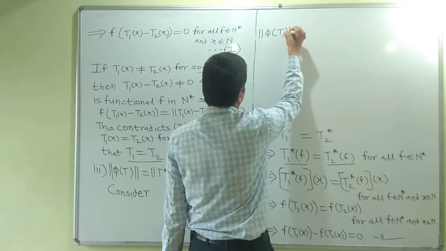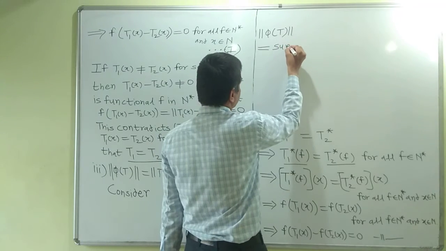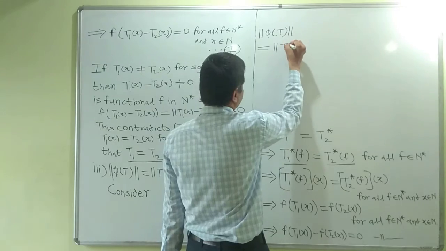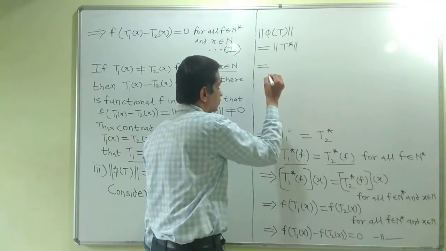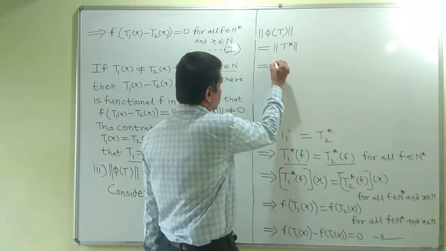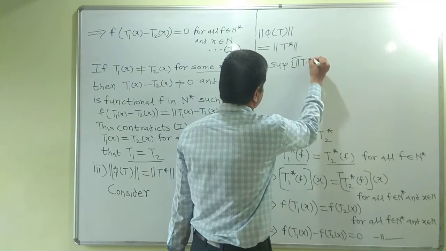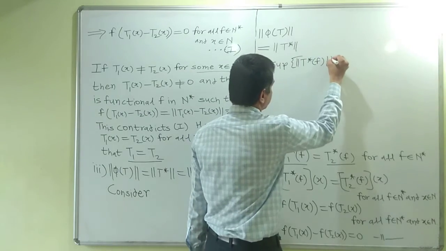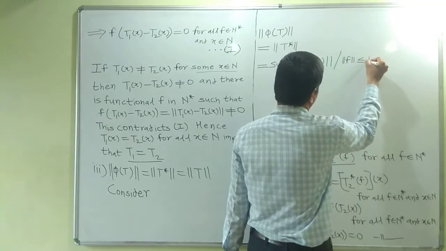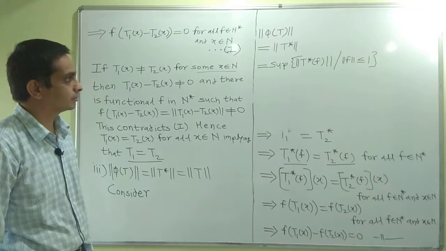Norm of phi T is equal to norm of T star, and by definition of norm, this is equal to the supremum of norm of T star f, where f belongs to N star and norm of f is less than or equal to 1.